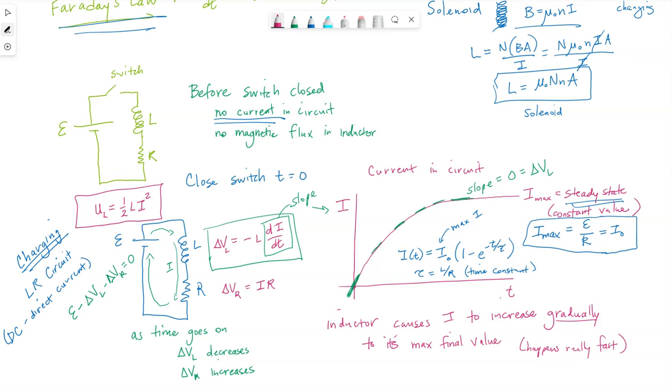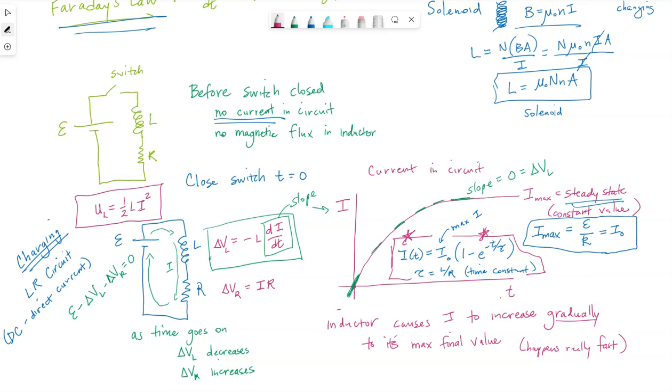So in terms of a charging circuit with an inductor and a resistor, the current through the circuit increases as a function of time. The inductor overall just does not allow the current to instantaneously jump from 0 to some final value.